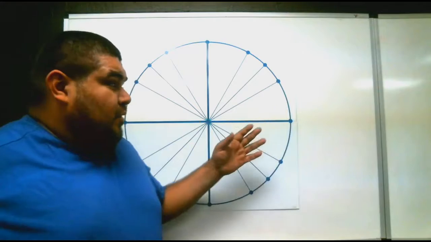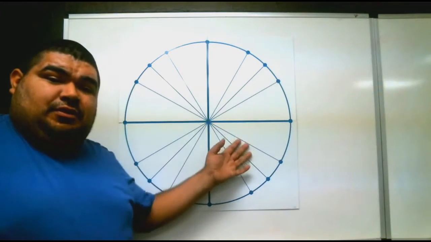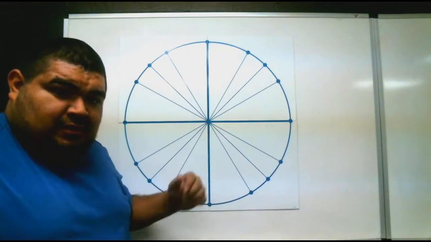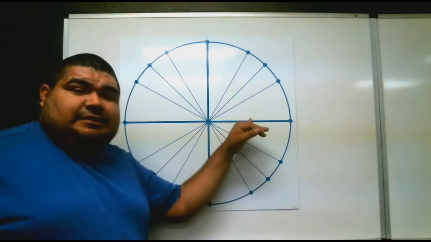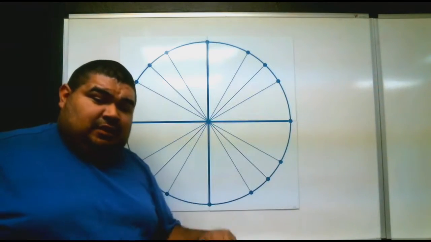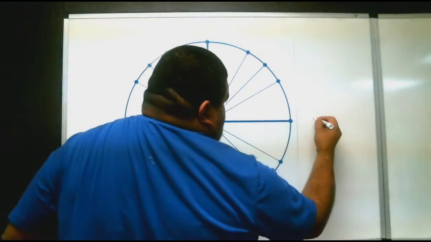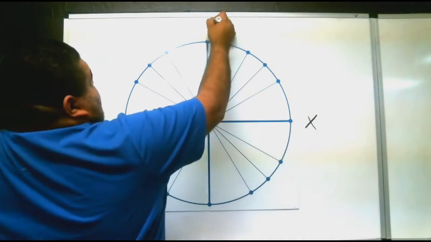First thing to know is, obviously, something we already know. It's called a unit circle. Notice that mine's still blank. Think of it as a graph: you have your x-axis and your y-axis.